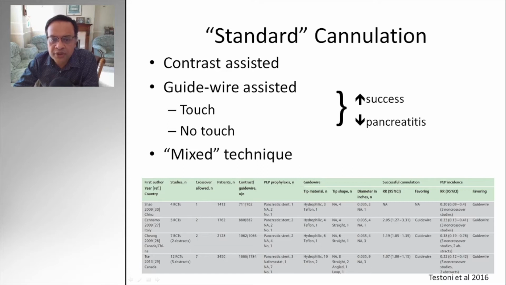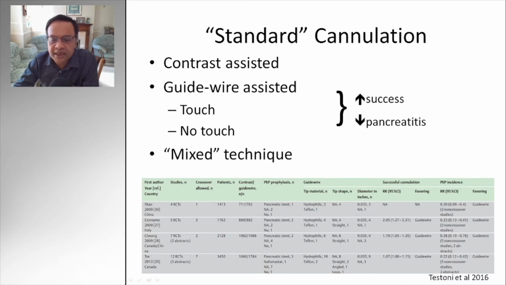The guide wire method may be further subdivided into touch or no touch, depending on whether the tip of the cannula makes contact with the papilla before the wire is inserted. And of course, we can use features of both of these methods and come up with a mixed or hybrid technique.